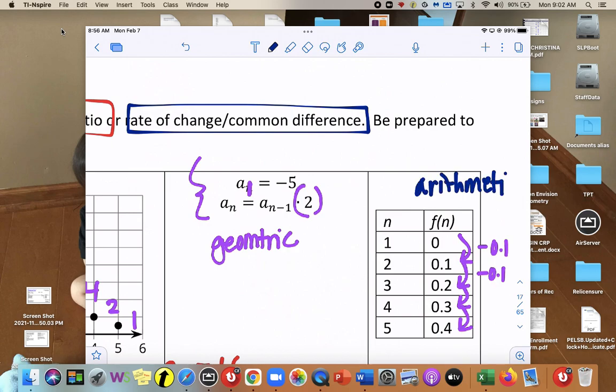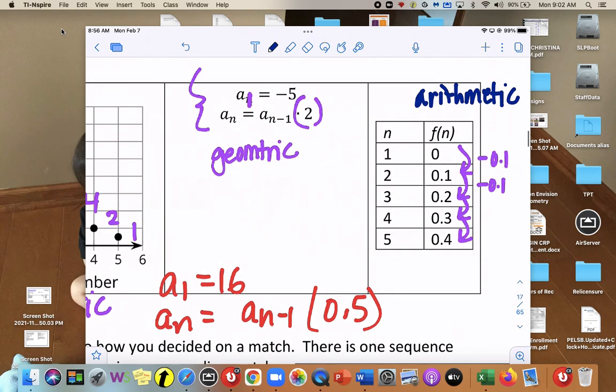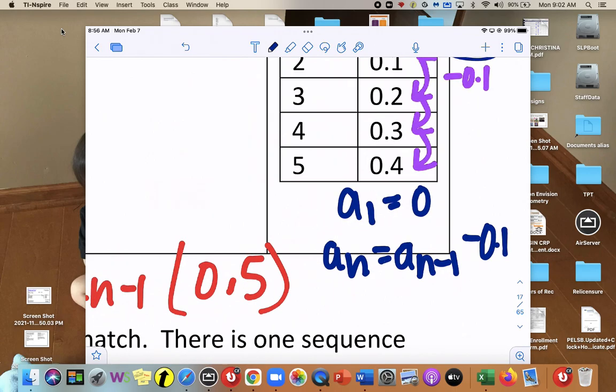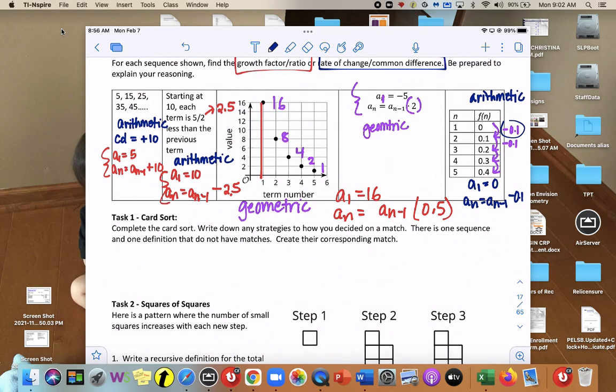Arithmetic. And the common difference is negative 0.1. So we could say, all right, the first term is 0. To find any term, you take the term before it and subtract 0.1. So here we have 3 examples of arithmetic, 2 examples of geometric.